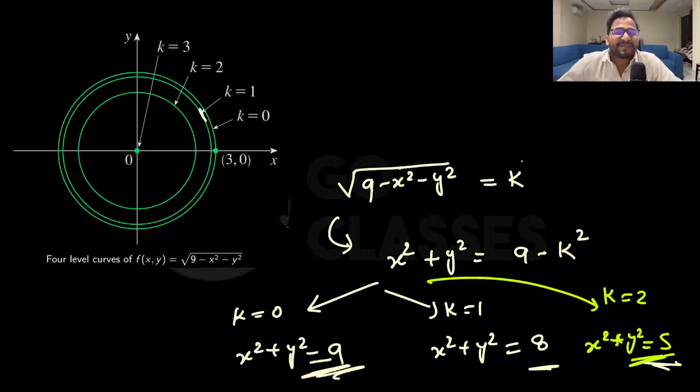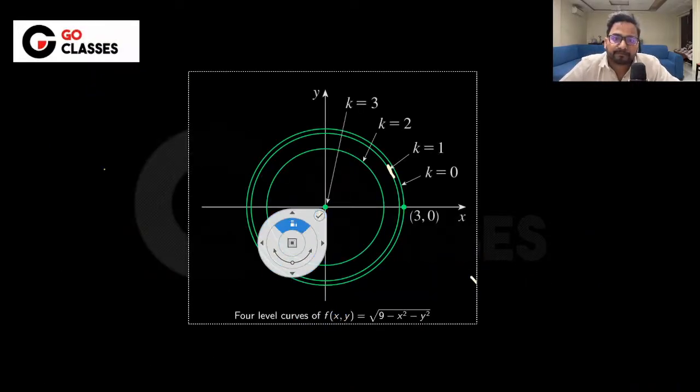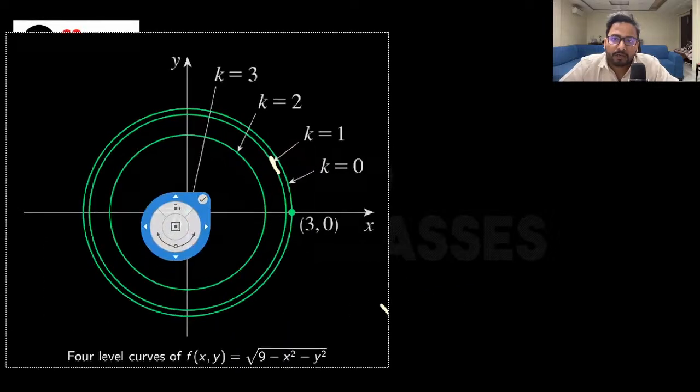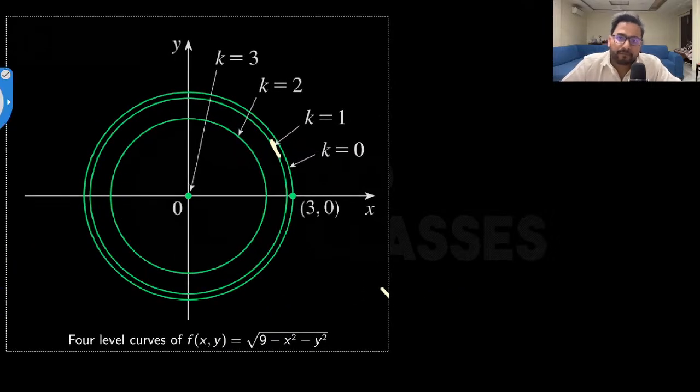So basically you will get to know that the closer the contours are, this will tell you something very nice, a property which is called steepness. See here, if the contour is close, then what does this mean? Let's look at this particular point.